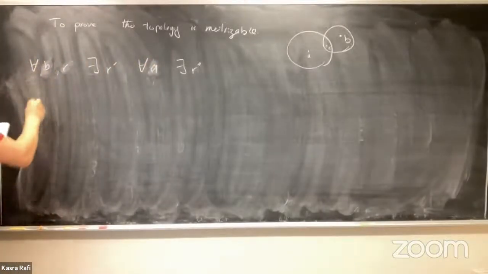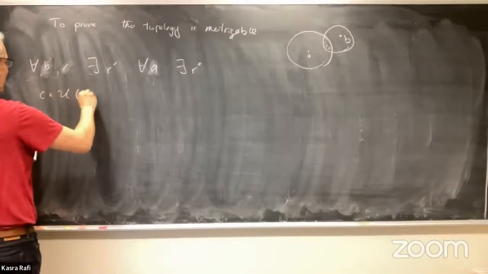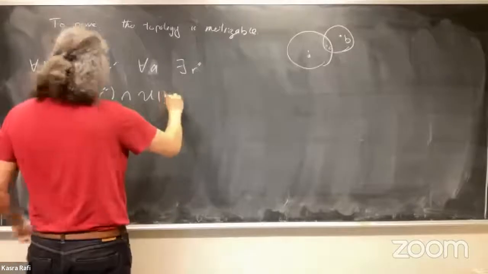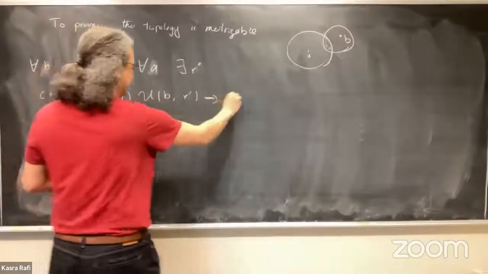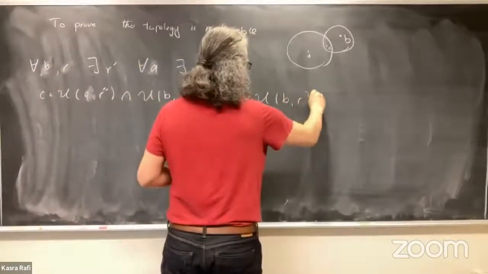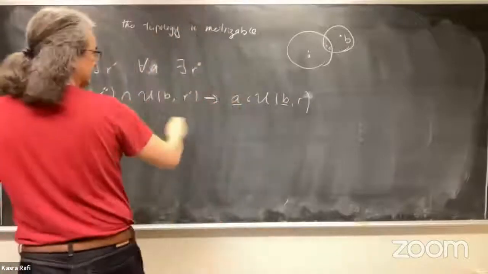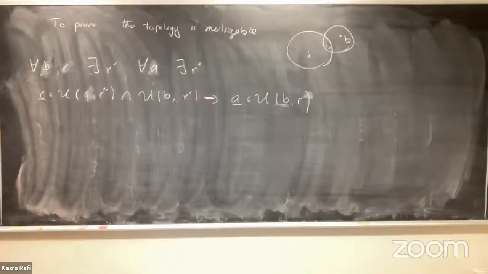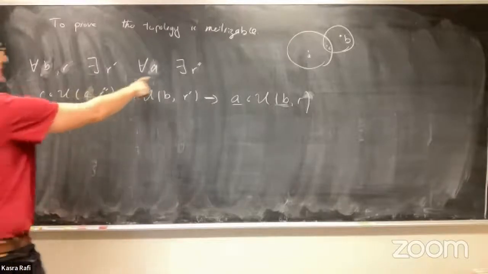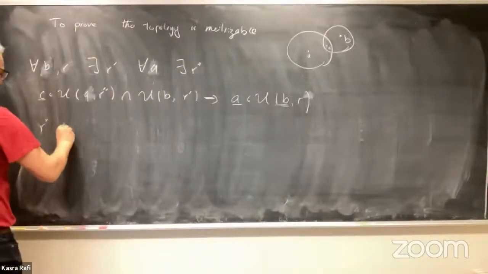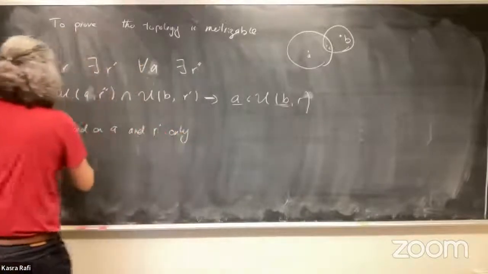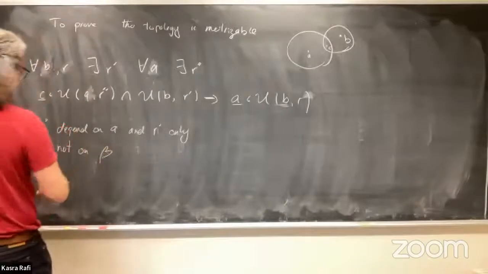A, B, such that if C is in U alpha R double prime intersect U, I'm putting A here, U B R prime, then A is in U. Okay, and the key point here is that the R double prime depends on A and R prime only, and not on beta and B.